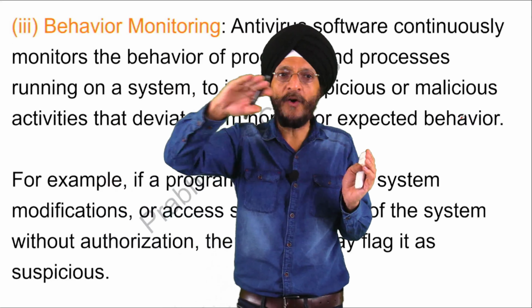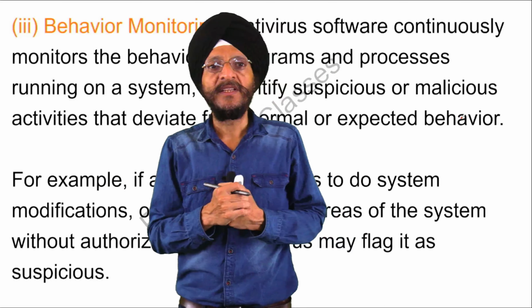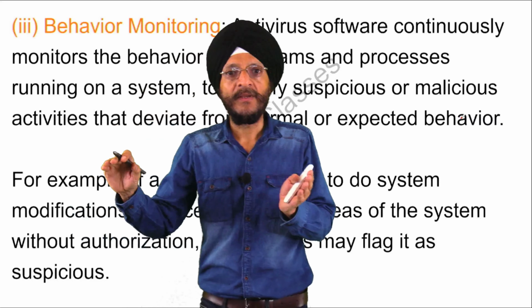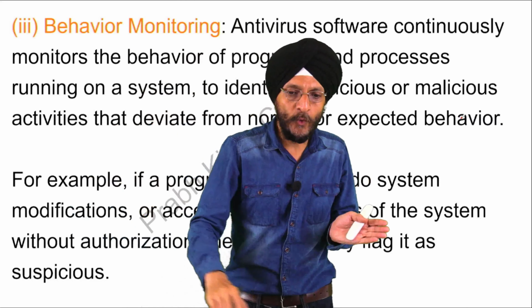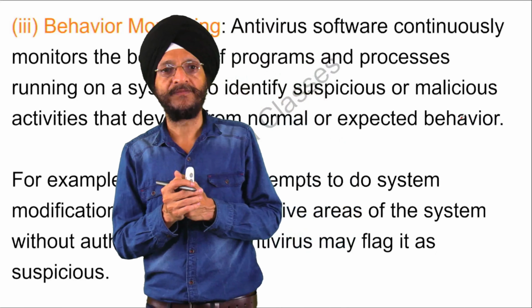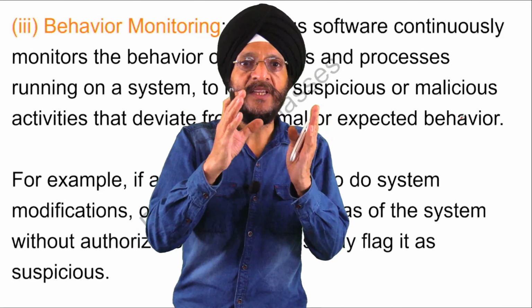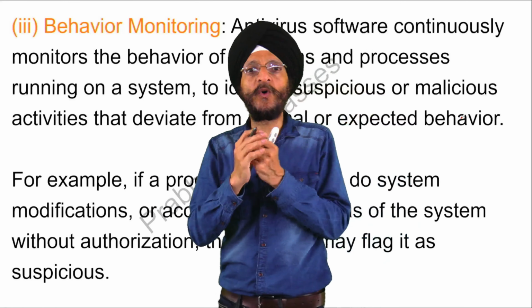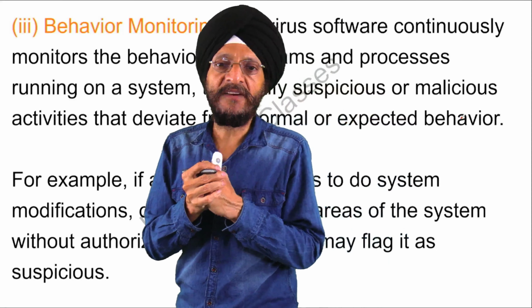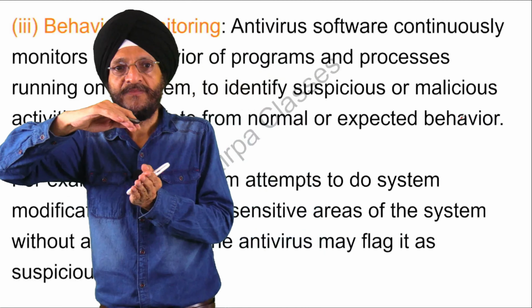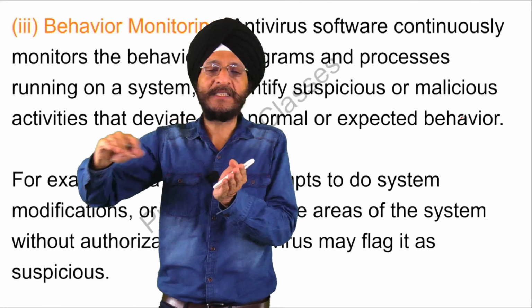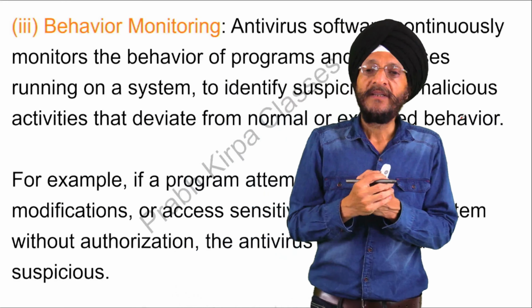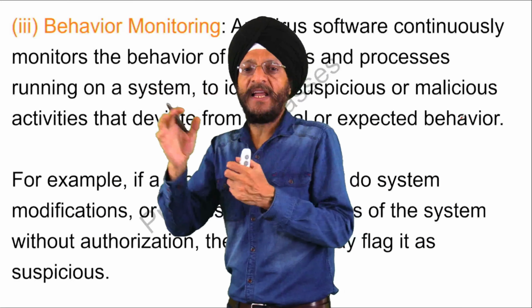Next is behavior monitoring. Antivirus software continuously monitors the behavior of the programs or the processes that are going on in the computer system. And if the antivirus software finds any suspicious or malicious activity which deviates from the normal or expected behavior, then it may red flag it.